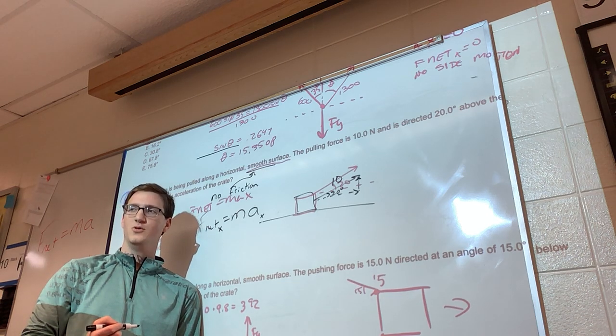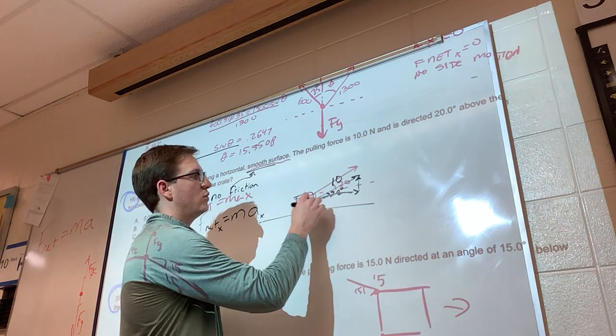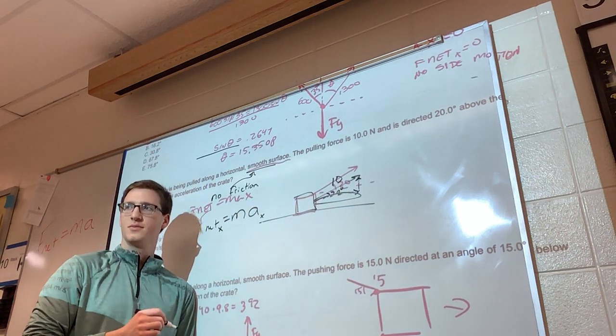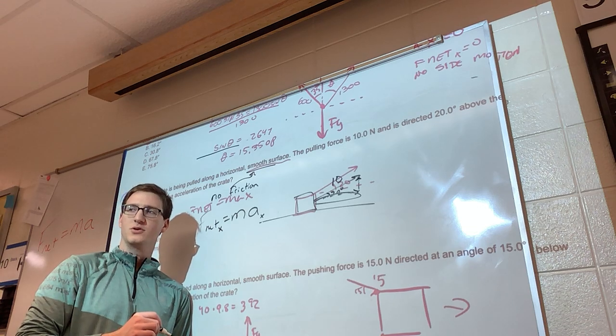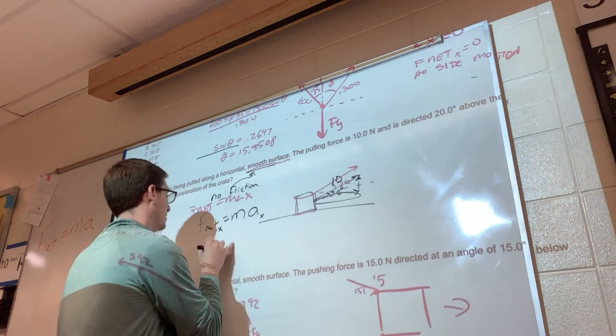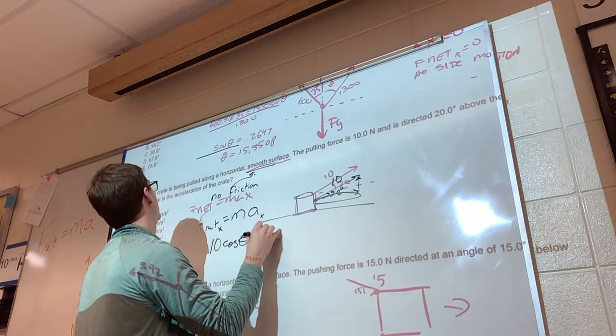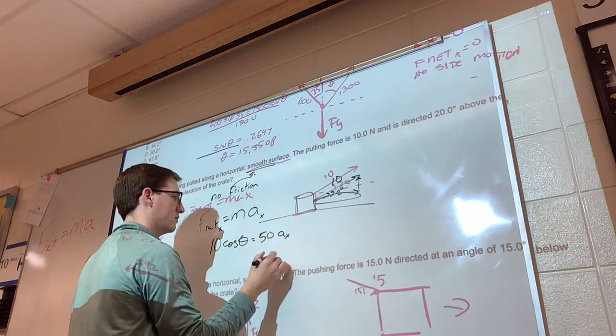Did we find the sine or the cosine? We want the x part. So is that sine or cosine? It's cosine. So 10 cosine of theta equals.